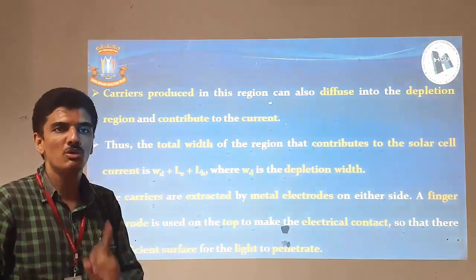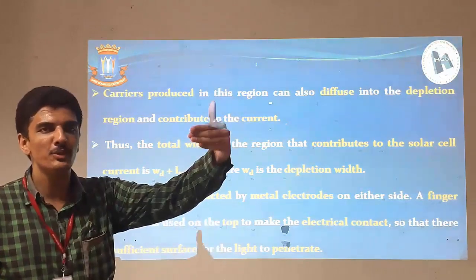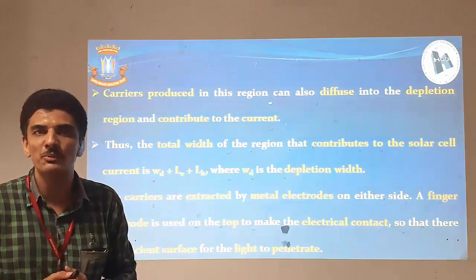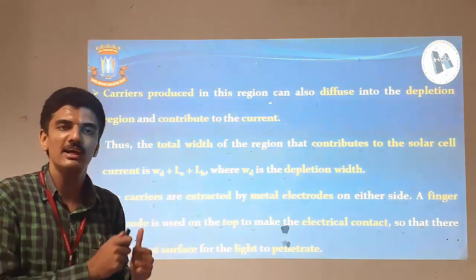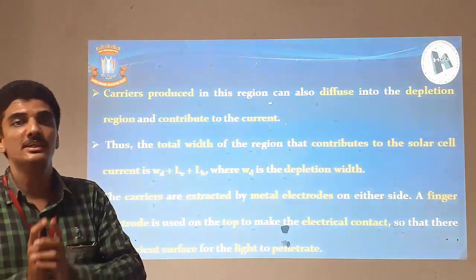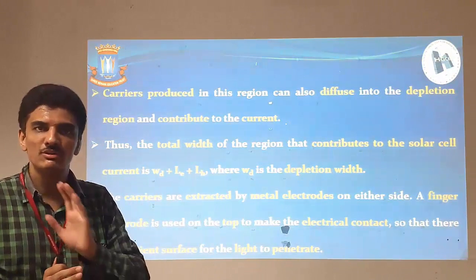In order to get electricity from the solar cell, the input is already done by the solar radiation, but how can we get the output? For that, we have this metallic contact. So this was the clear and detailed description of the solar cell.